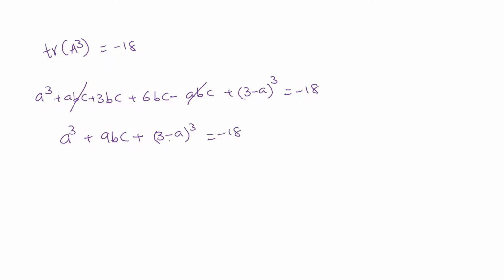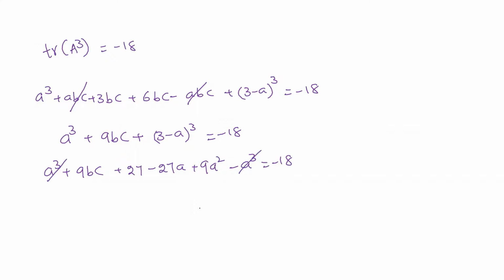So now we can expand this 3 minus A whole cube also, right? So we are going to get A cube plus 9BC, and if you expand this one, we'll get 27 minus 27A plus 9A square minus A cube, and this is going to come as minus 18. Now again you can see this A cube and A cube get cancelled.